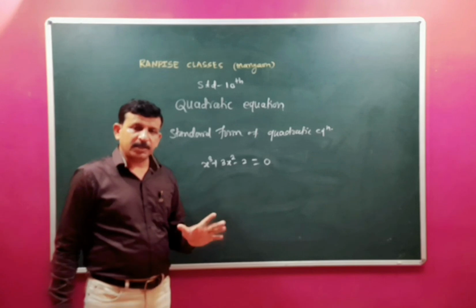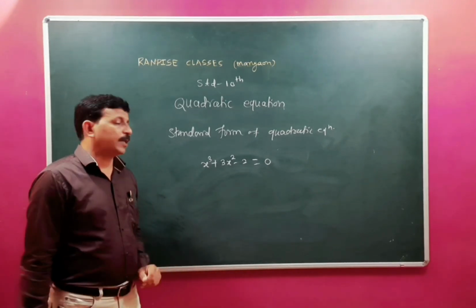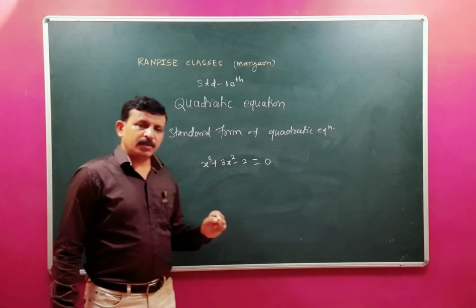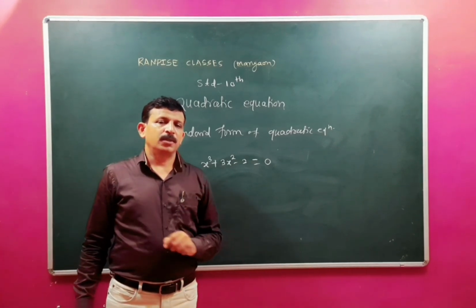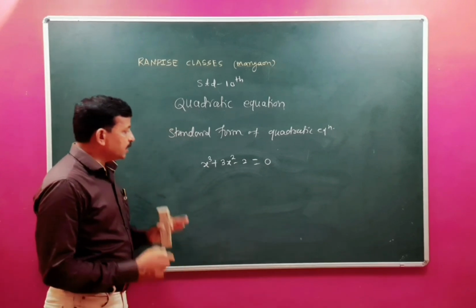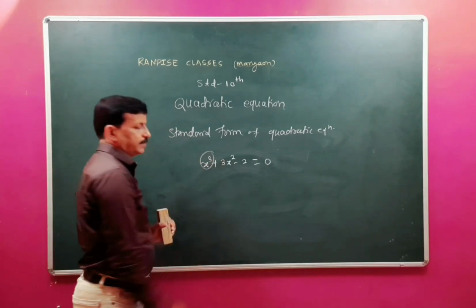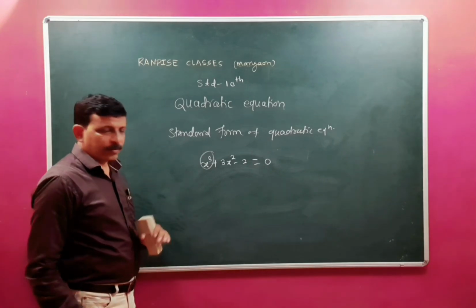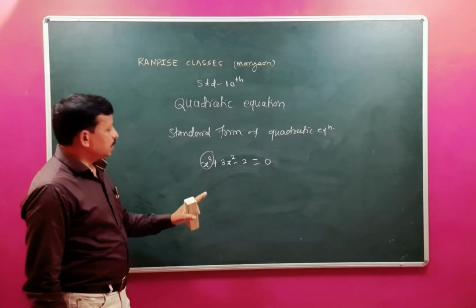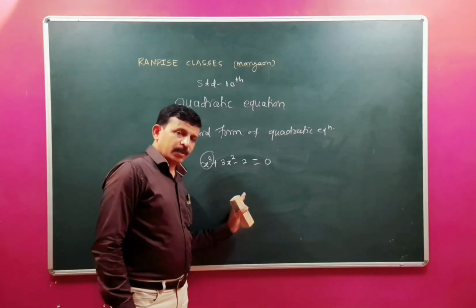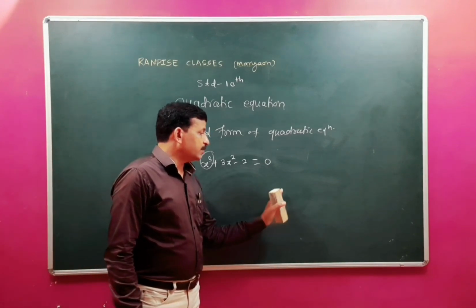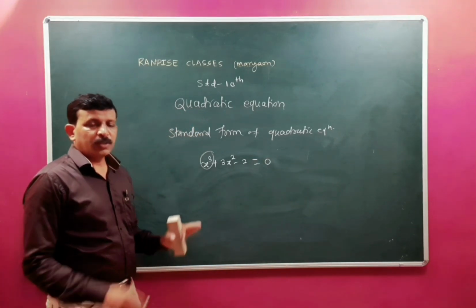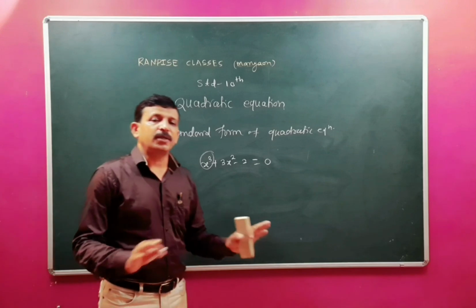This condition is satisfied, but the second condition is that the index of the variable is 2, but here the largest index is 3. Therefore, that is not a quadratic equation. We can write here the equation has one variable, but the maximum index of the variable is not equal to 2. Therefore, the given equation is not a quadratic equation.